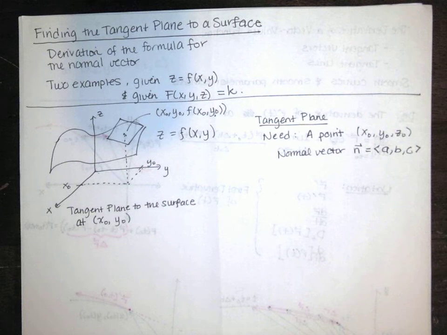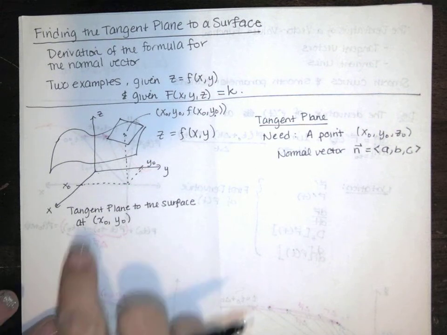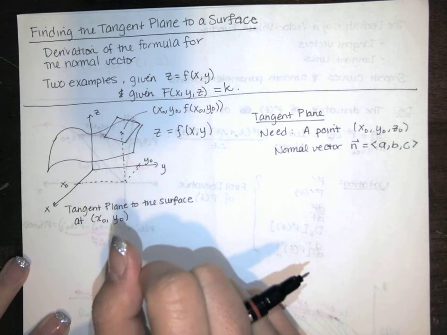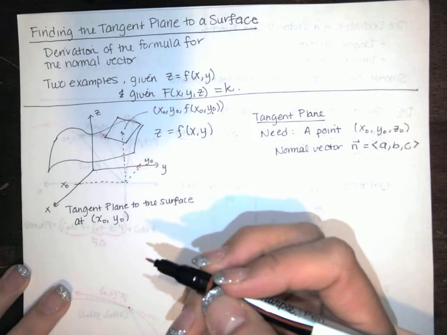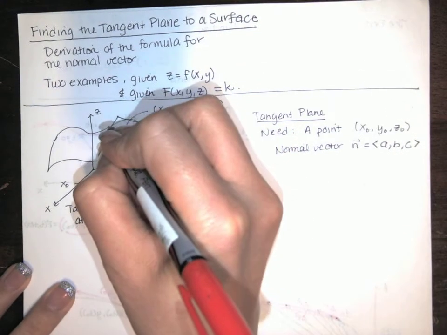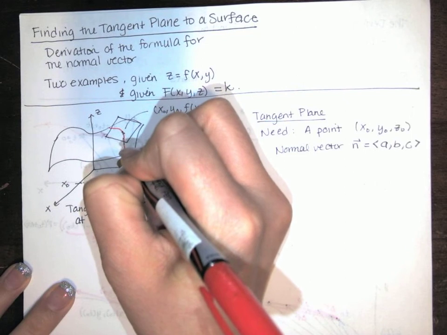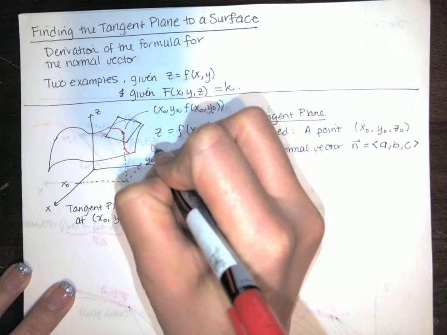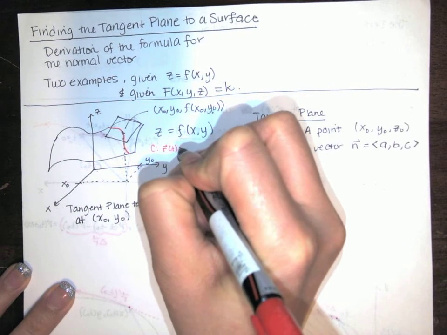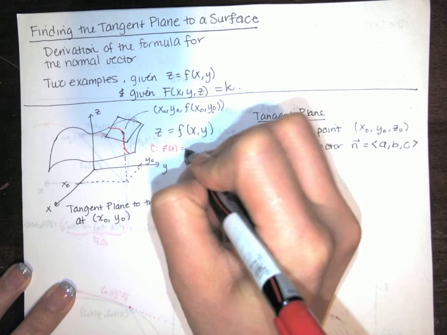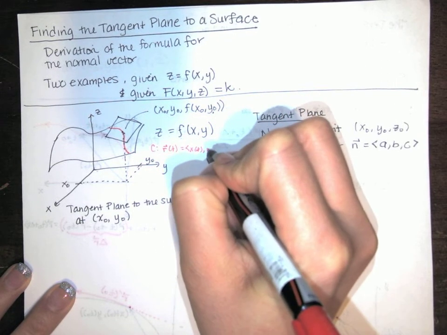A tangent plane is the plane that contains all of the tangent vectors to the surface at that point. You'd say, well, what do you mean all the tangent vectors? Well, if I'm on this surface, I can sketch a curve, like that curve C given by r of t, and this is in three-dimensional space, so it has components x of t, y of t, and z of t.